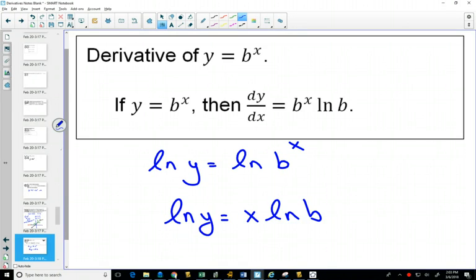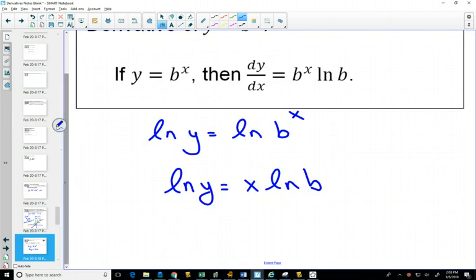Okay. And now, just for fun, I'm going to say that if these two are equal, then would you agree that these are equal? Yeah?